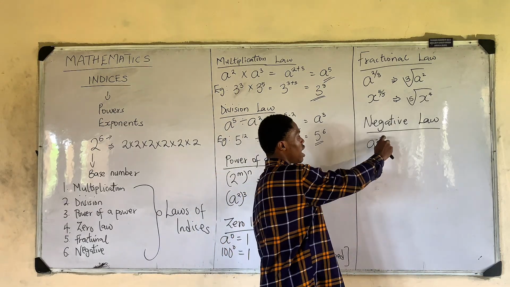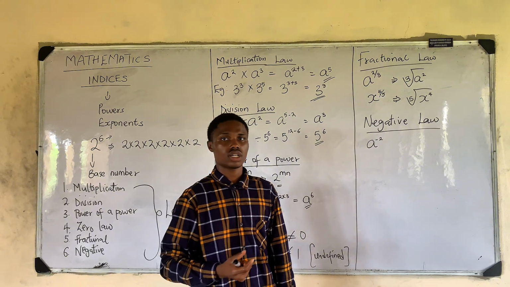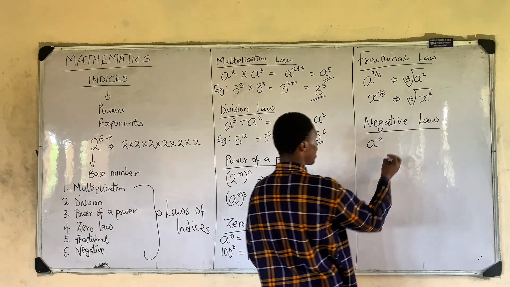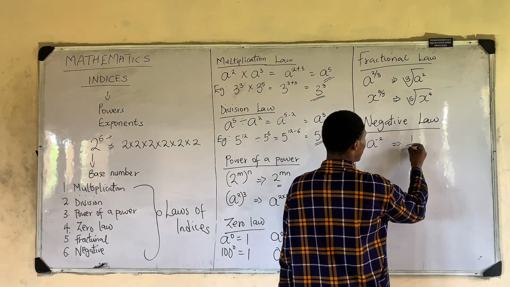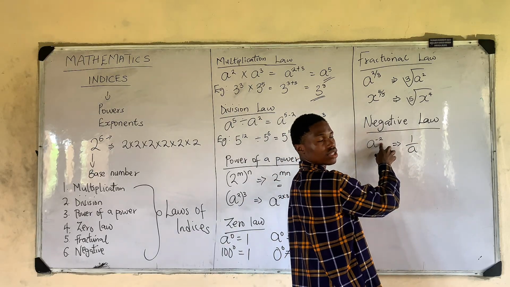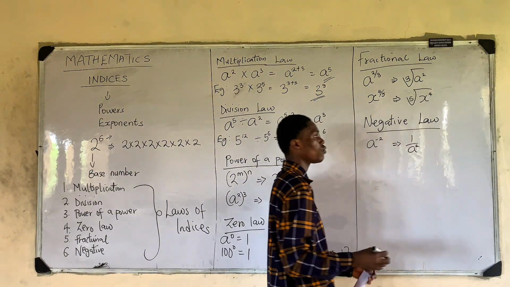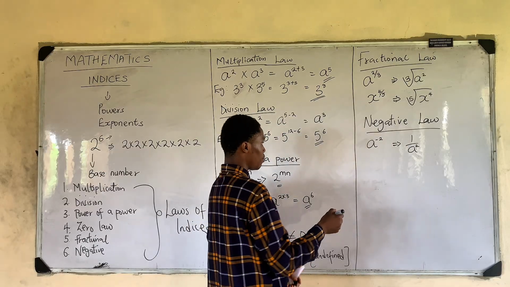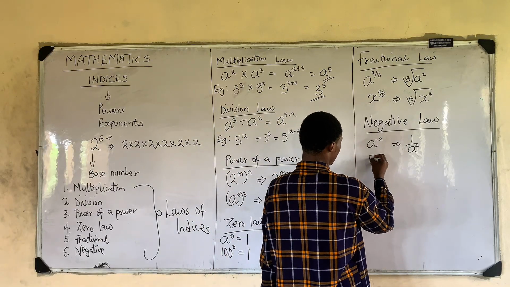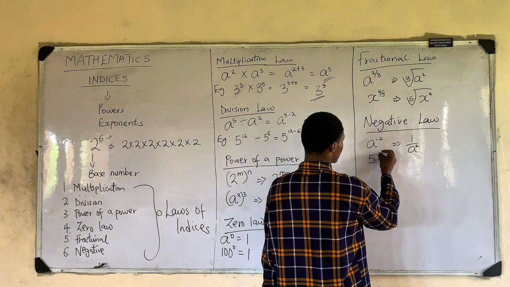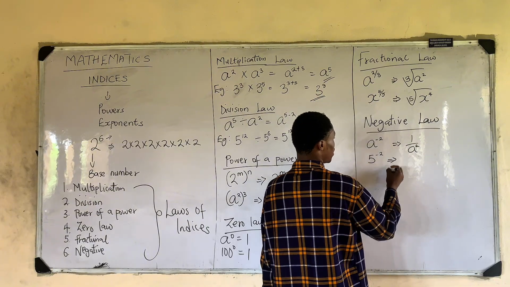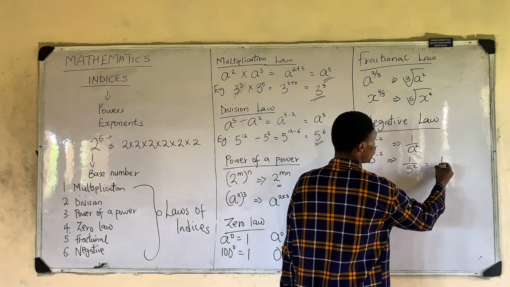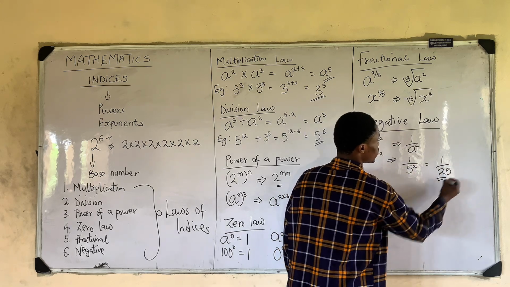So whenever the power is a negative number, you have to take the inverse of the base number. So this implies 1 over a. What is the power we have here? 2, you bring it down. So you have 1 over a, to the power 2. Another example we have is 5 to the power minus 2. This implies 1 over 5 to the power 2, which is 1 over 25.